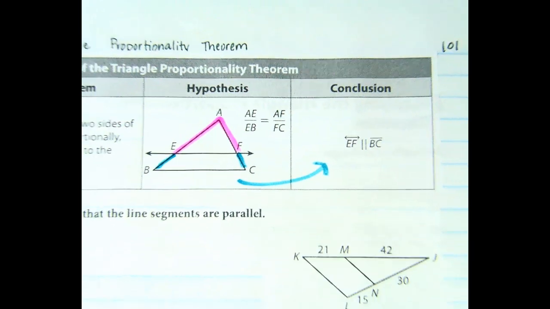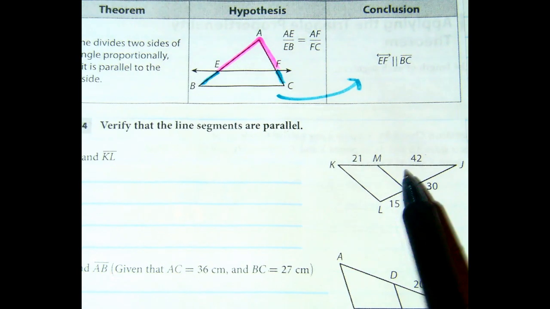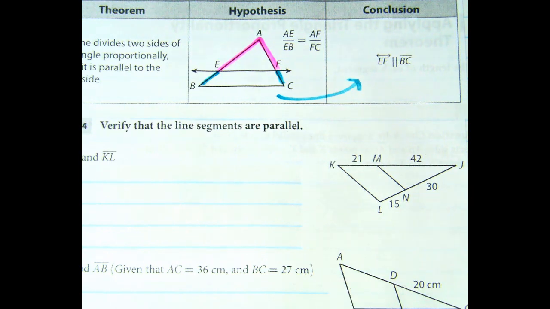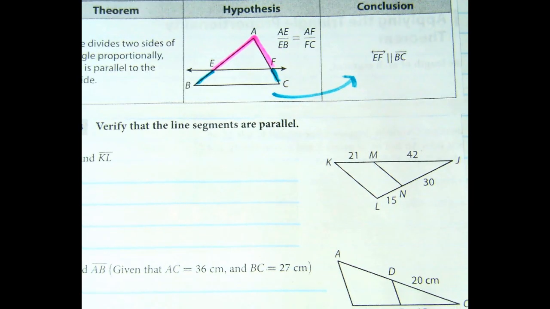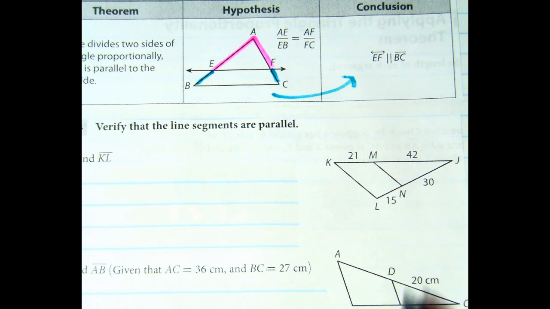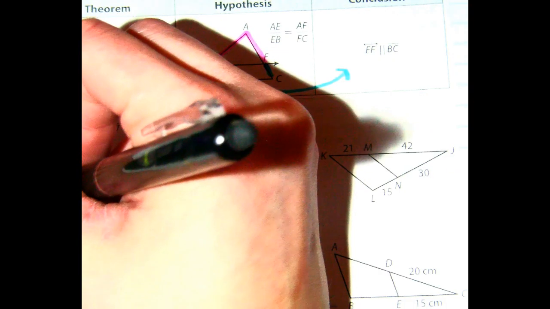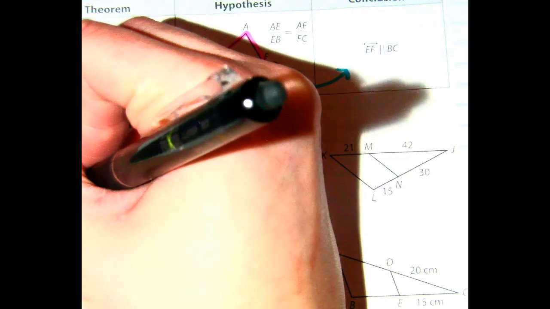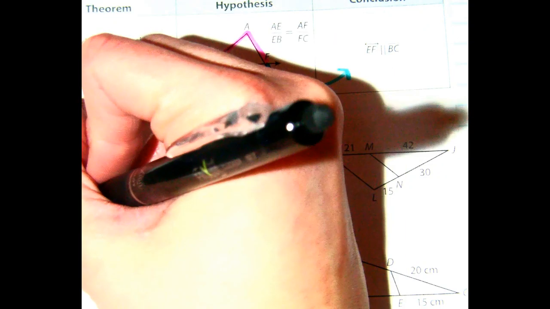Okay, so example 4, it says, I want to prove that MN is parallel to KL. So in order for those two to be parallel, what has to be true? MJ over KM.